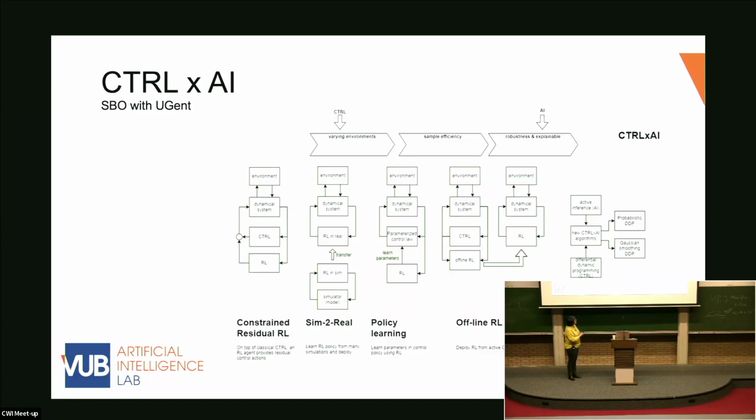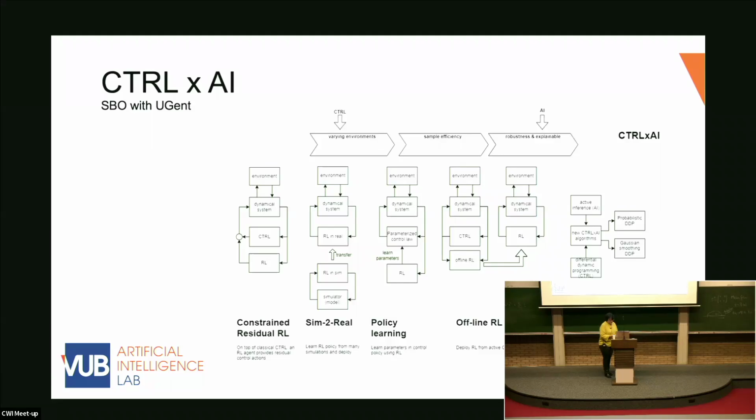Then we can have offline RL, where we collect data using the current control strategy, of course with sufficiently exciting the system somehow. But that means that we don't need to actually apply the RL strategy to learn it. That's the offline RL part, and then other combinations of control and RL are considered here.